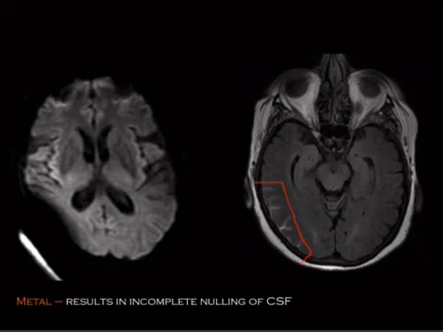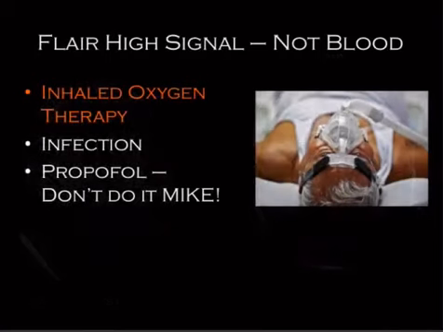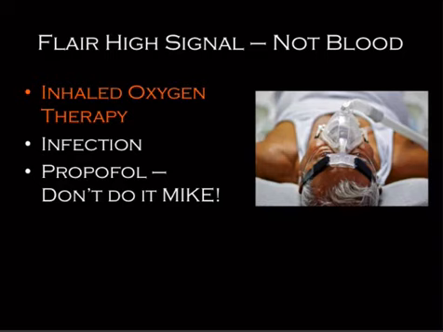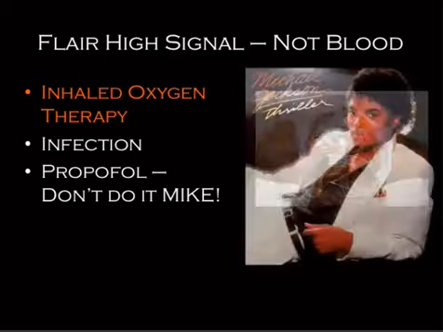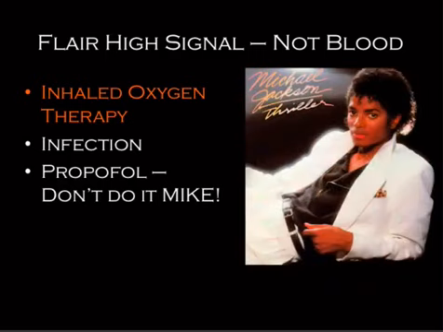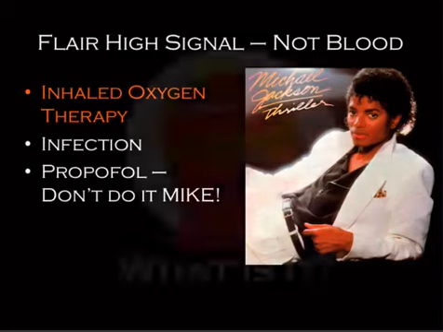Metal disrupts the field homogeneity and results in incomplete nulling of CSF, so that's a really common one. Another common one is inhaled oxygen therapy, which can cause FLAIR signal abnormality. Infection like subdural empyema can look like blood, because again, it's not CSF. And the last one to remember is propofol, which can create a high FLAIR signal and mimic subarachnoid hemorrhage.